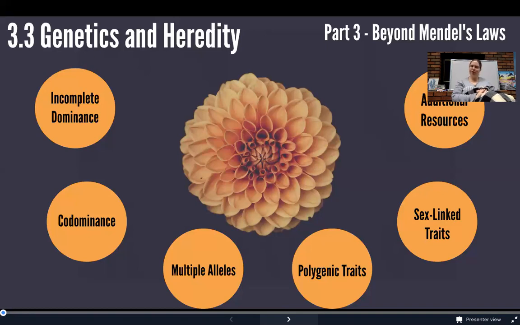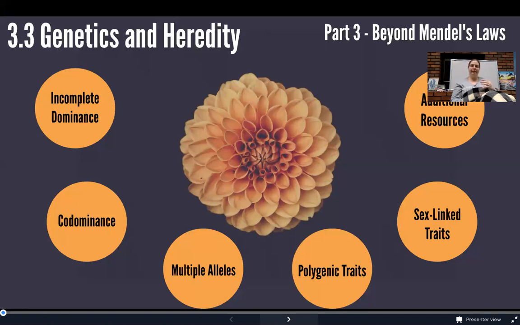But what we've found out since then is that it's not always as clear cut as that. With humans, since that's what we are, very few of our traits are coded for with single gene inheritance. There are different modes of inheritance that Mendel never even knew about through his study with pea plants.